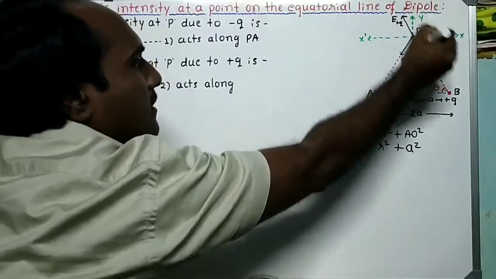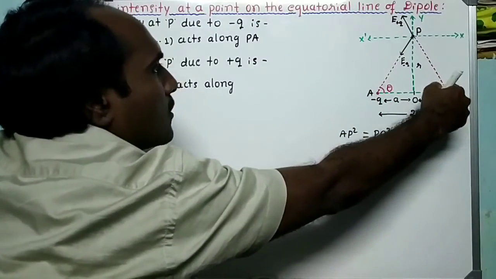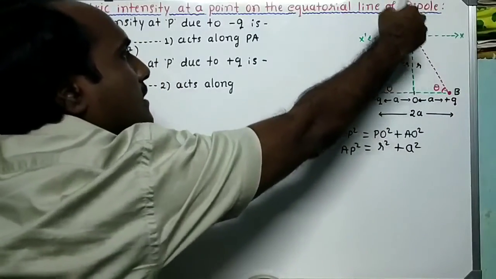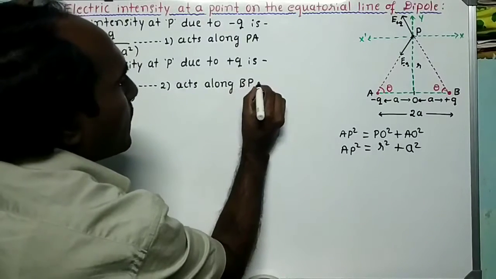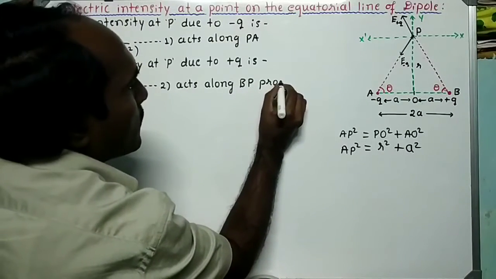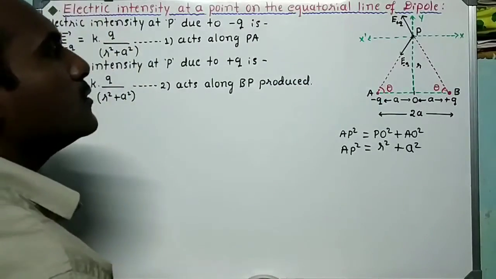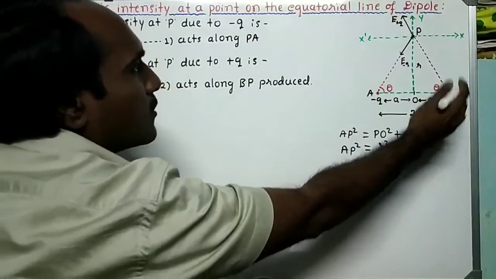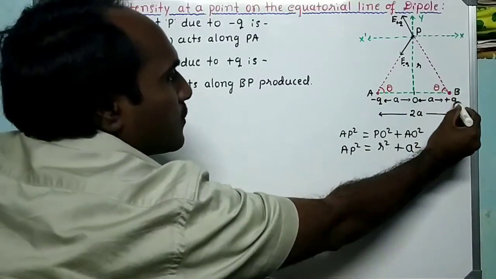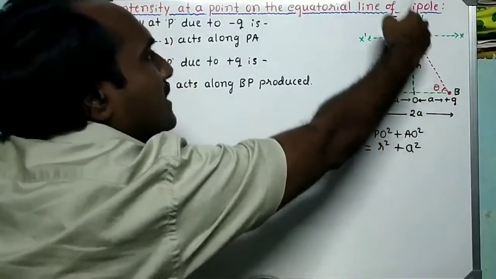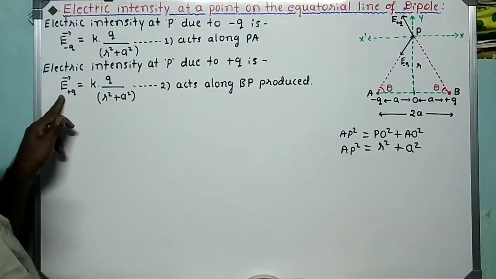The electric intensity at point P due to positive charge is acting along BP produced. Why along BP produced, why not PB? Because if you keep the 1 coulomb of charge at point P, then this plus Q repels the 1 coulomb of charge in this direction. That's why in that direction electric intensity is taken.